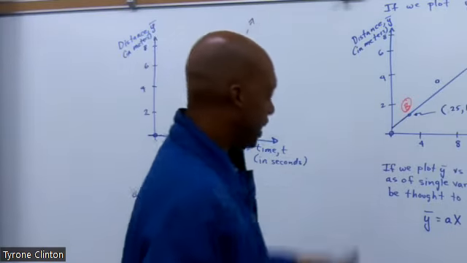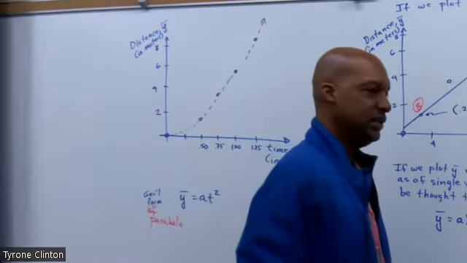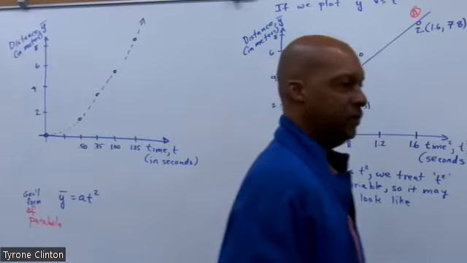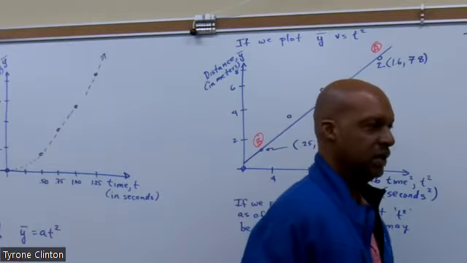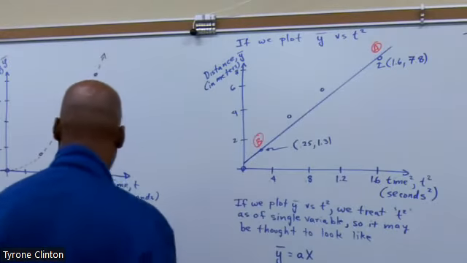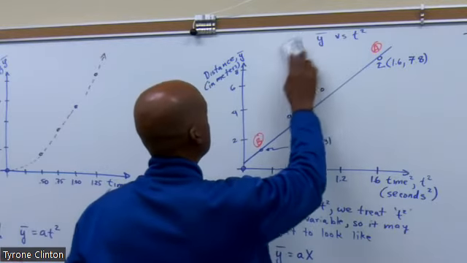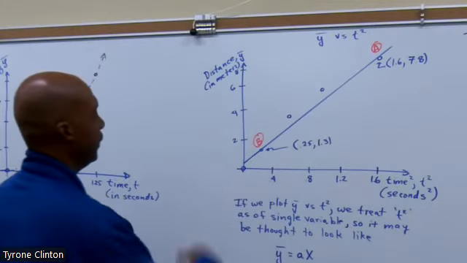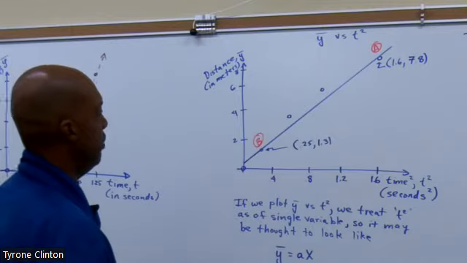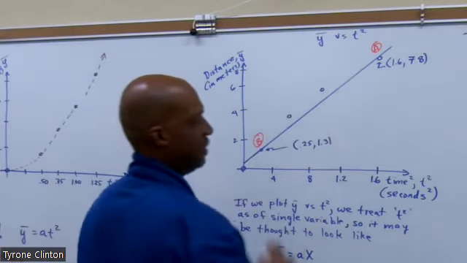And then we were to plot y bar versus t. Let me move that over a little bit so you can see that. And so y bar versus t, if we were to plot this, looks something like this.